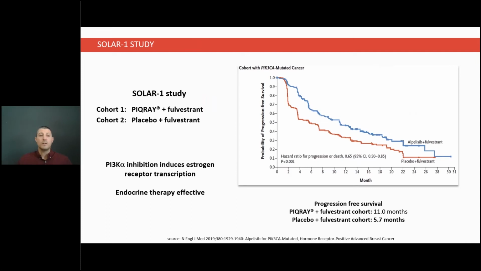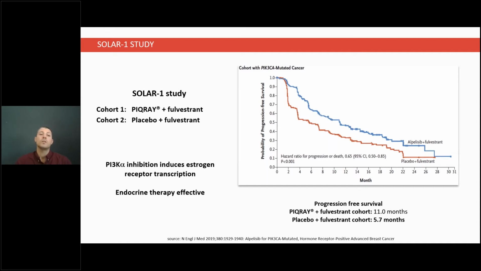The efficacy of this drug has been studied in the SOLAR-1 study. In cohort 1, the participants got treated with Piqray and fulvestrant. Fulvestrant is a hormone receptor antagonist, so this is used in combination.